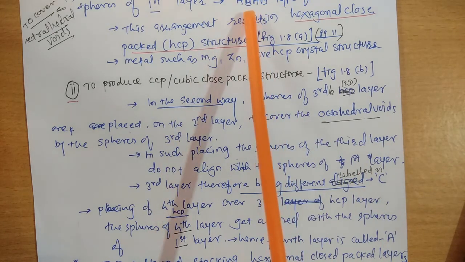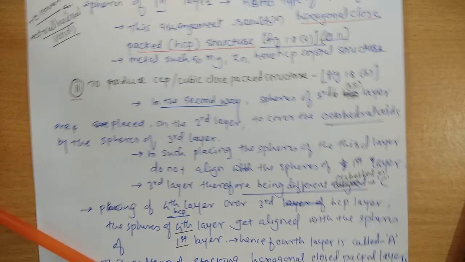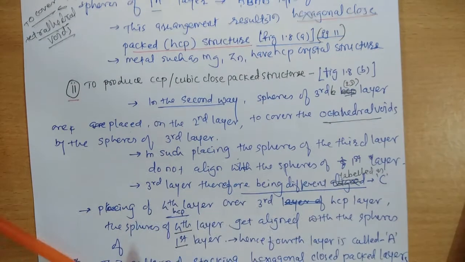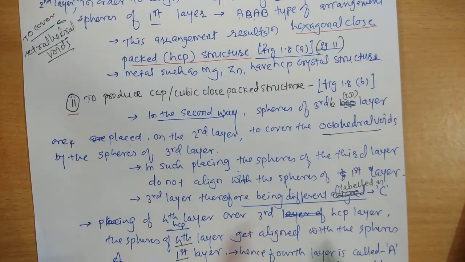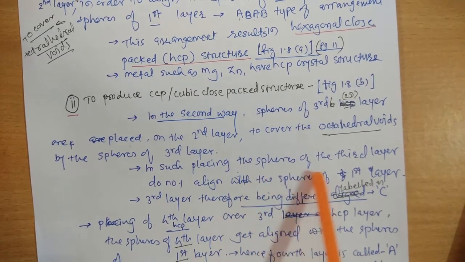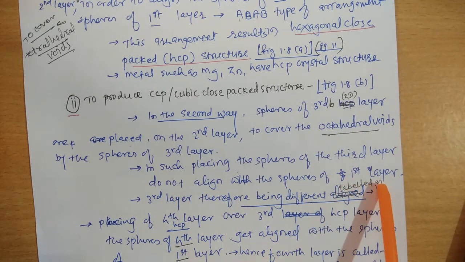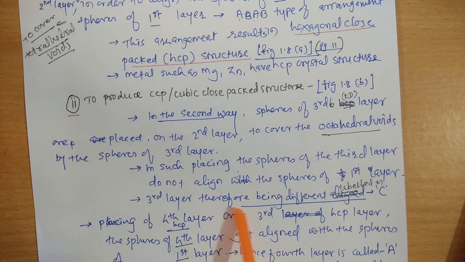Here it was alignment, that is, the first layer was aligned with the third layer, but here there is no alignment of the first and third layer. The third layer therefore being different is labeled as C.